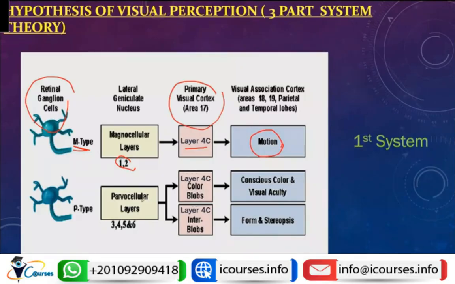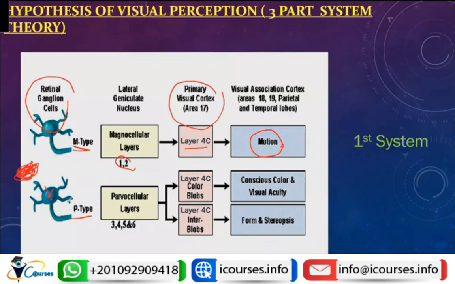The second system is through the parvocellular layers. The P cells of the ganglion cells will be able to see the fine details and the color of the object. So if you are making, for example, a red dot, then this red dot is perceived by your parvocellular cells, the X cells in the ganglion cells.